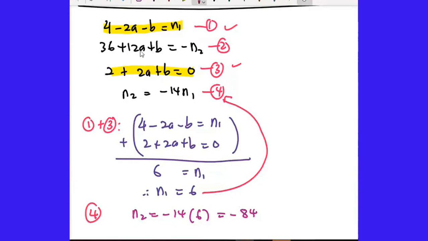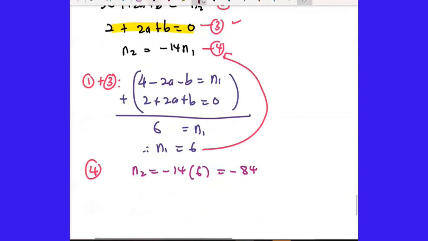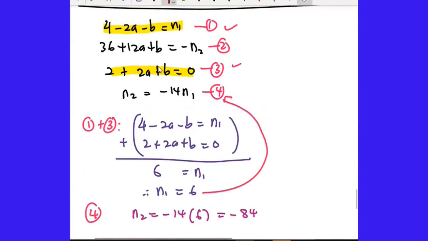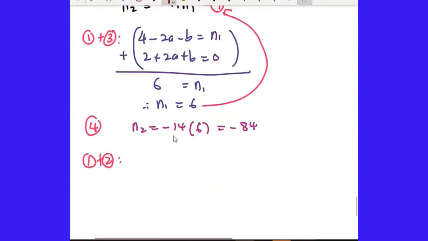Now to find A and B. Which do we use? This. Okay. Give an idea please. Let's say between these. Try between 1 and 2. So try 1 plus 2. 1 plus 2, plus. So 4 minus 2A minus B equals N1.